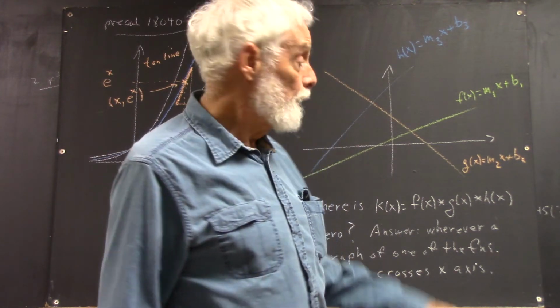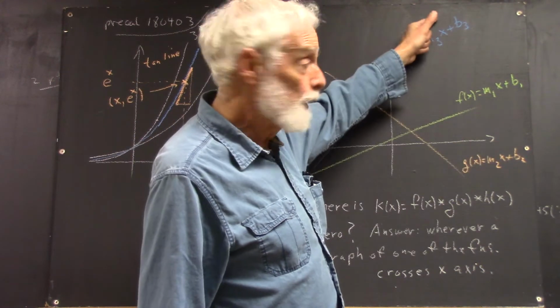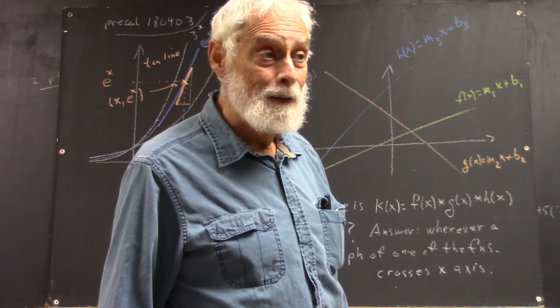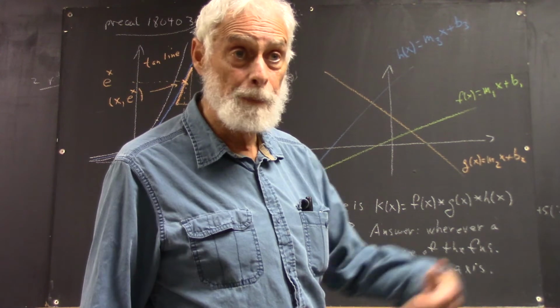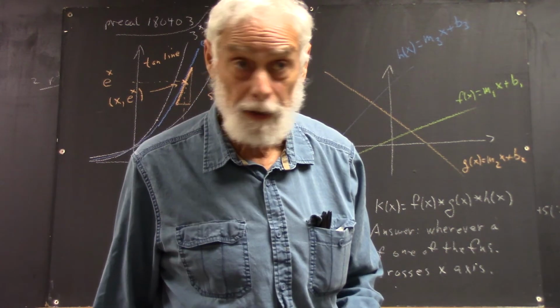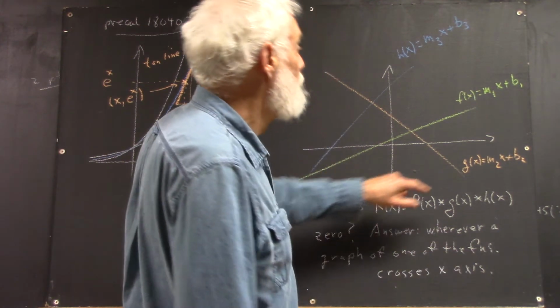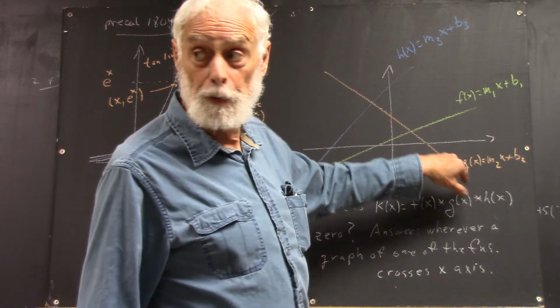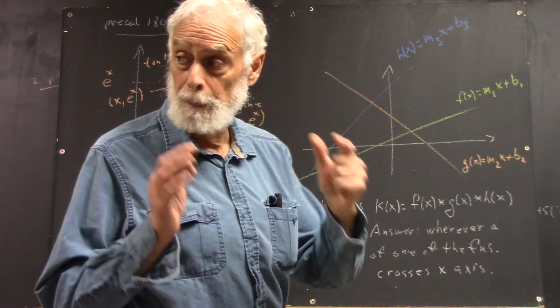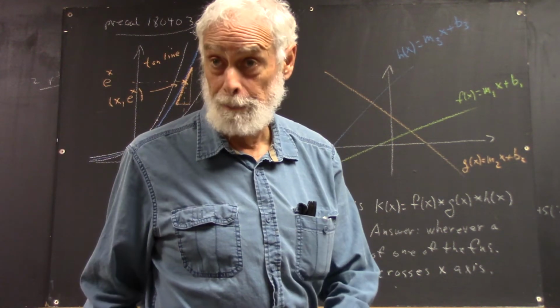And you're going to get something times x cubed because you're going to have an x from this one, an x from this one, an x from this one. And then something times x squared and something times x and then just some number. We'll work out details of that next time. But it's going to give you a polynomial of degree 3. Some multiple of x cubed plus some multiple of x squared plus some multiple of x plus some number.